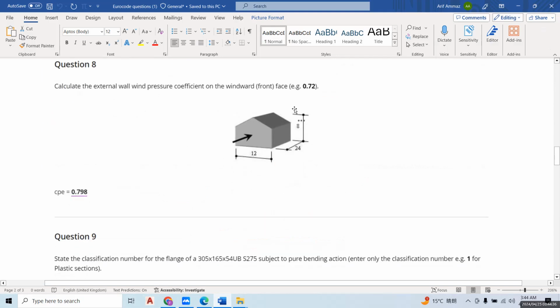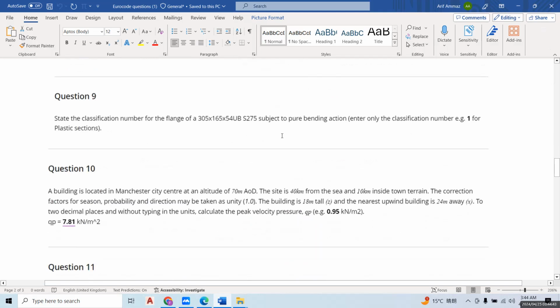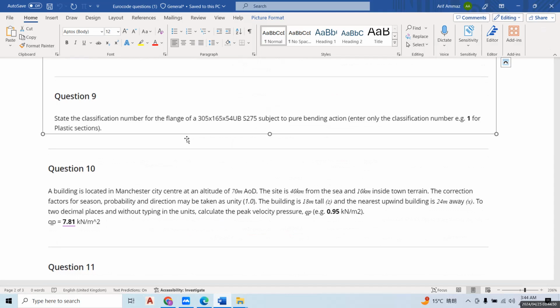So this question we do next because it is a little bit detailed. So we again go to this UB type section. The question says, state the classification number for the pure bending action.